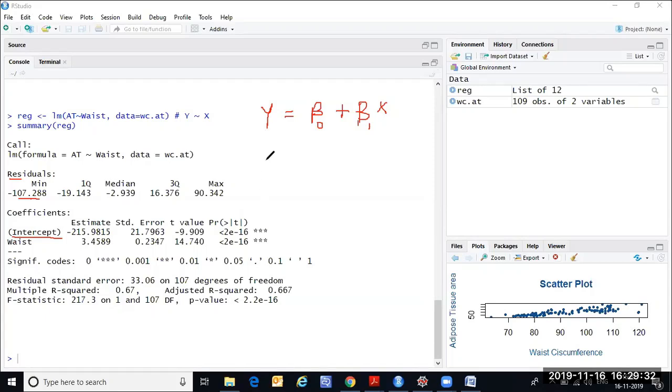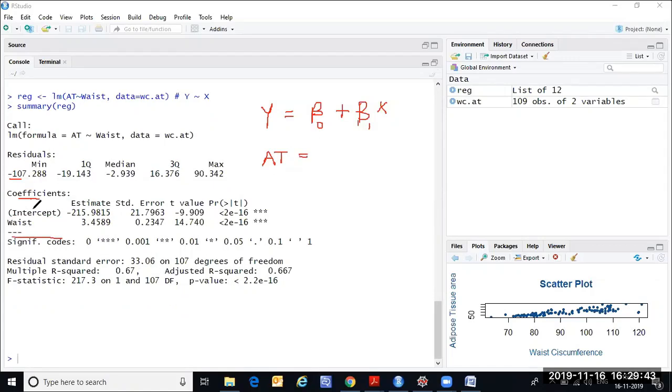Y is nothing but adipose tissue is equal to, what is beta naught value? Here you are seeing the coefficient values are given, intercept value and coefficient of waist. Intercept is nothing but beta naught.